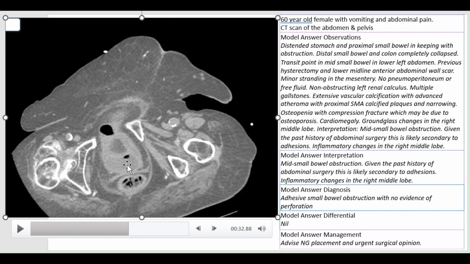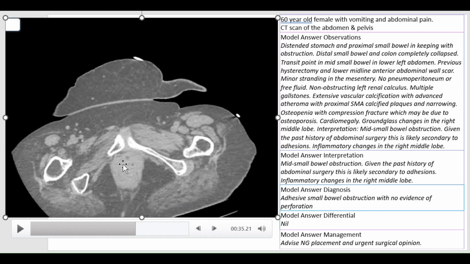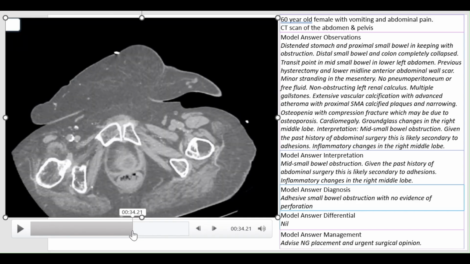And here should be the area of the uterus. There is no uterus here, and instead this is the urinary bladder. And you will see the cervix in the lower cuts. Yeah, this is the cervix and the surgical clips around the cervix.